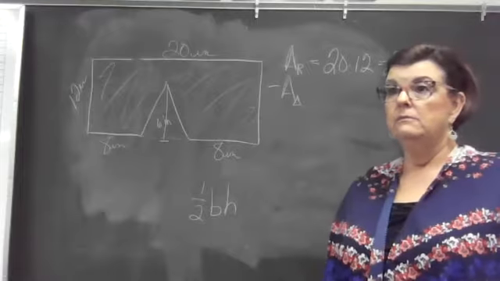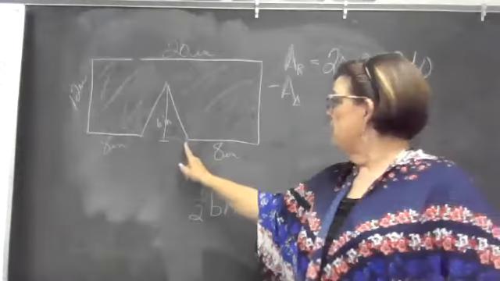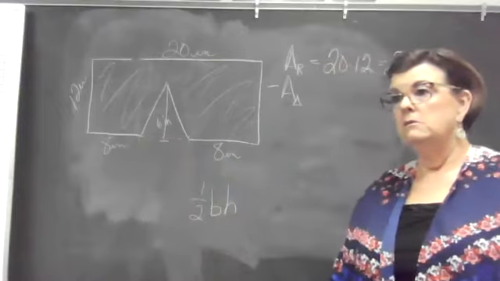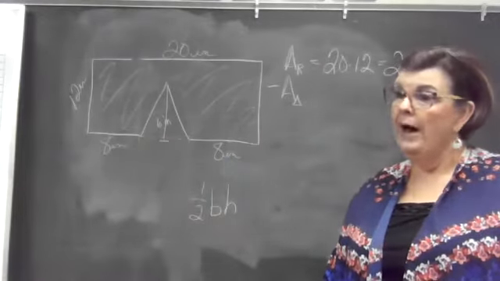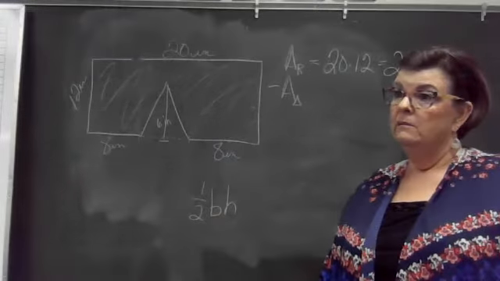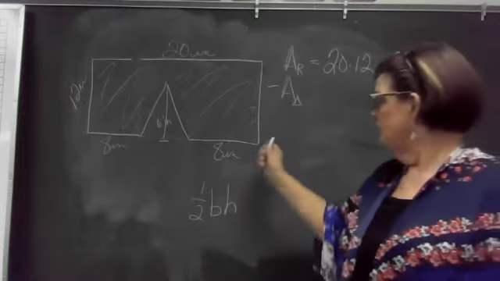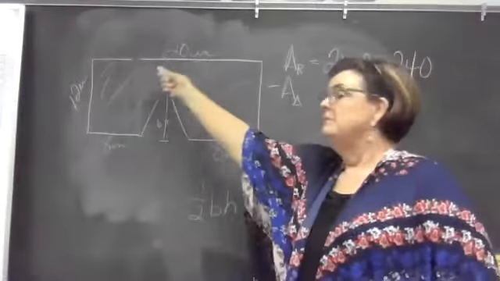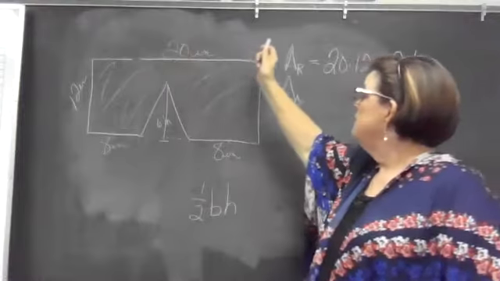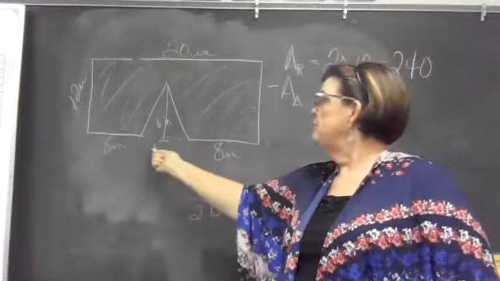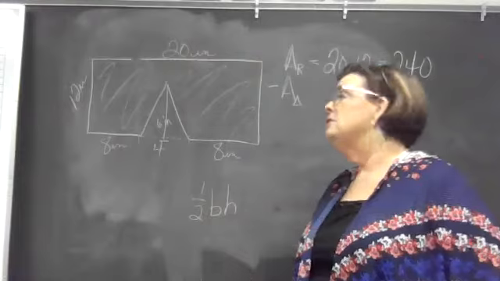What is the base, from here to here? Would it be 4? It will be 4. Why? Because 8 plus 8 is 16, so it would be 4, because this whole thing would be 20. It's exactly what you said, Stephanie. And then you take away the 8 and take away the 8. That leaves 4 right here, right?